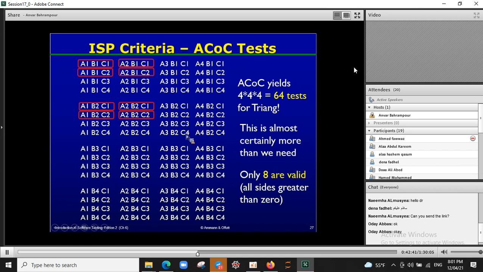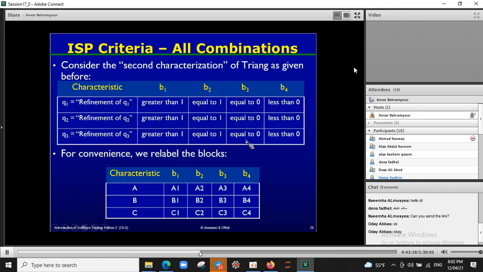And this is true also for these blocks. And in this block, we also have some invalid triangles, because these combinations define an invalid triangle, because this side has 0 value, because C3, this block, defines just a 0 value.